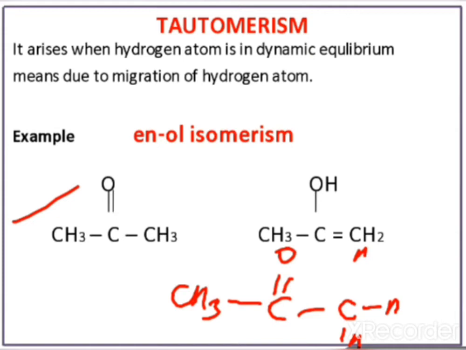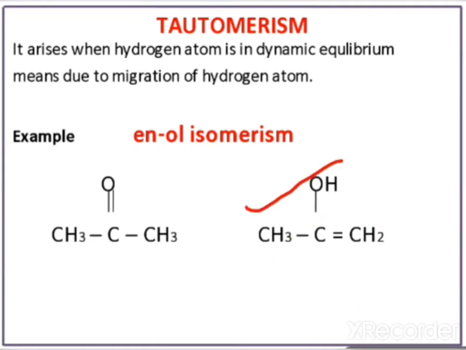Hydrogen is free. Once again break this bond. Now the total number of bonds of this carbon, 1, 2, 3, one more bond here, 4. Now it is satisfied and the hydrogen is free, so it will shift onto this oxygen. So this will be the compound.